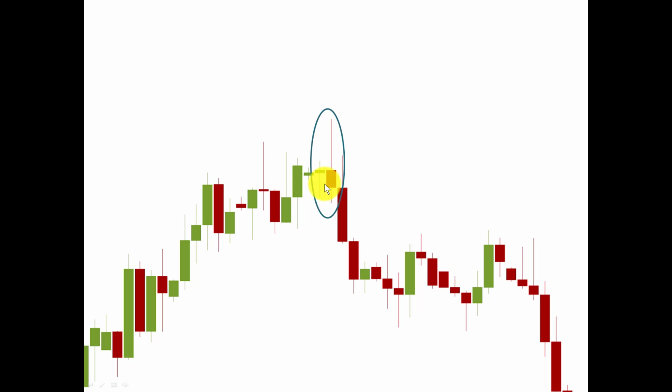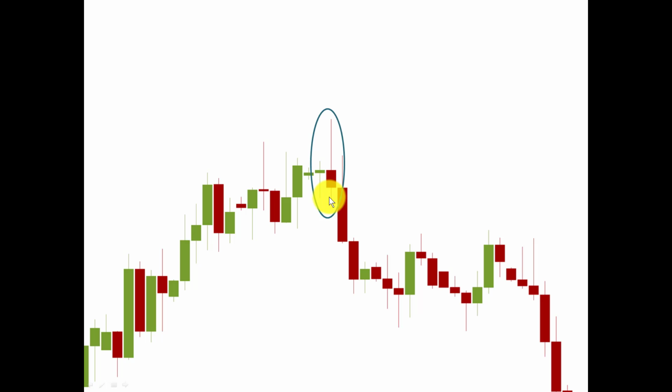This is a candlestick pattern that signals that lower prices are about to come. This pattern consists of one green candle which is followed by a large down red candlestick.